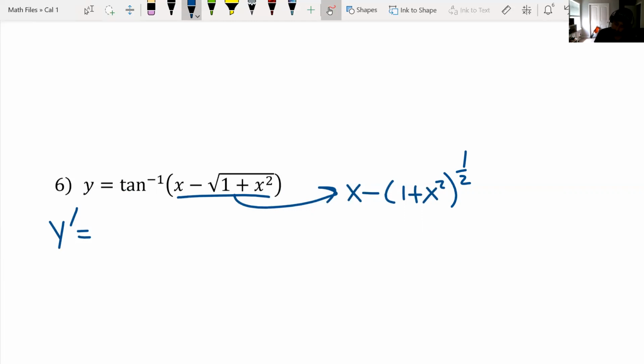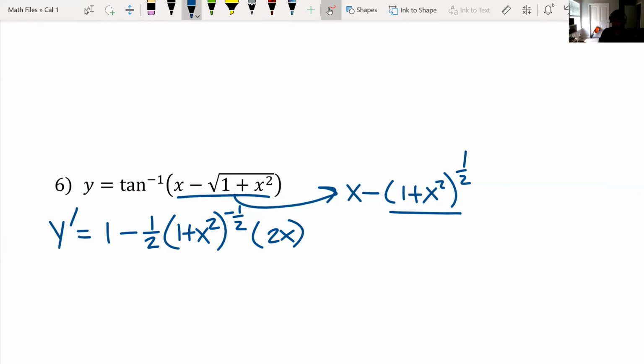So that derivative would be 1 minus 1/2 times (1 plus x squared) to the negative 1/2, right? Because we have to chain rule this part now. Times the derivative of the inside, 2x.